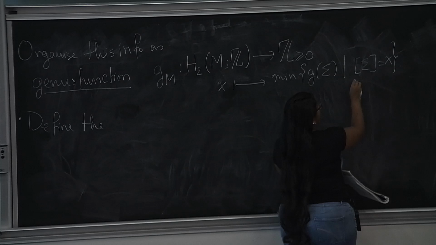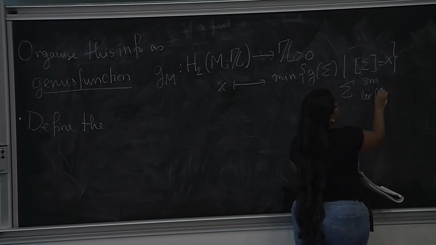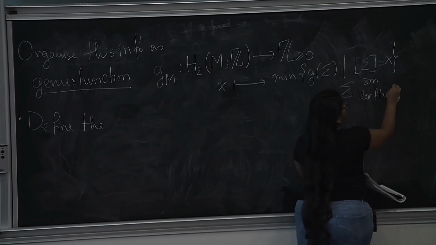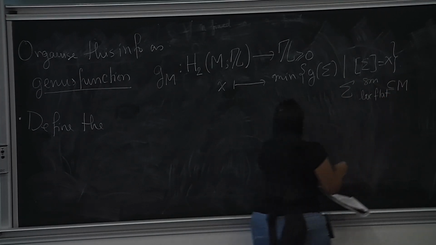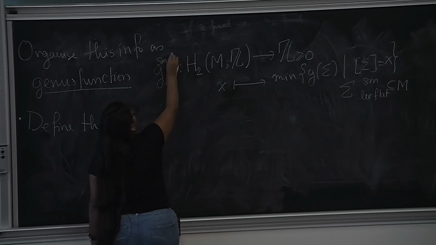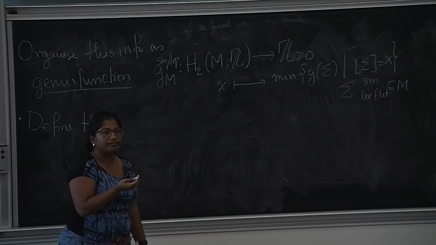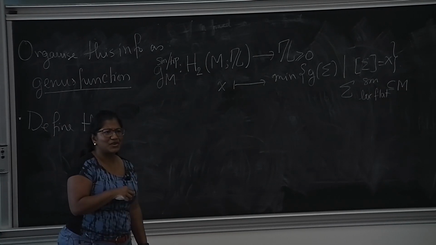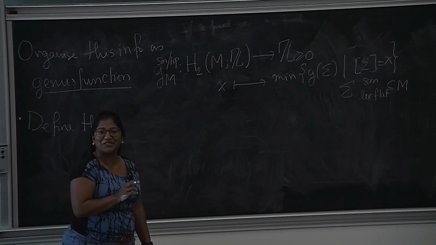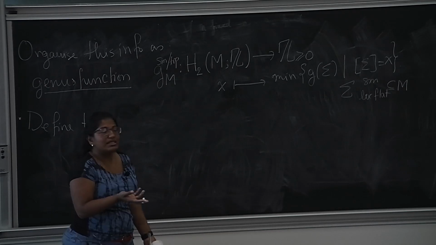I can either ask for sigma to be smoothly embedded or locally flatly embedded, and then I'll get either the smooth genus function or the topological genus function. Sorry, I totally forgot about that for a second. Does that make sense? It's not necessarily the same as we discussed.